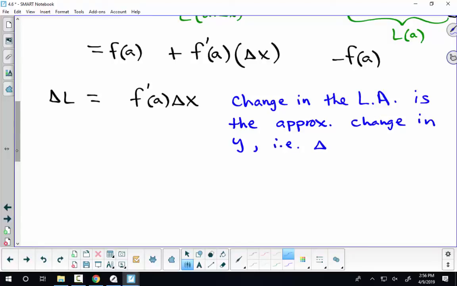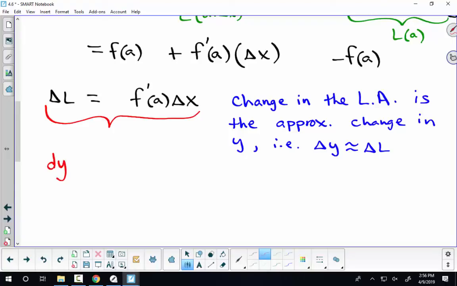That is, the change in y is approximately the change in the linear approximation. So to distinguish between the actual, exact change of the function and the approximate change of the function, we're going to change this notation of delta L. So we're going to take all of this stuff and just call this delta L.